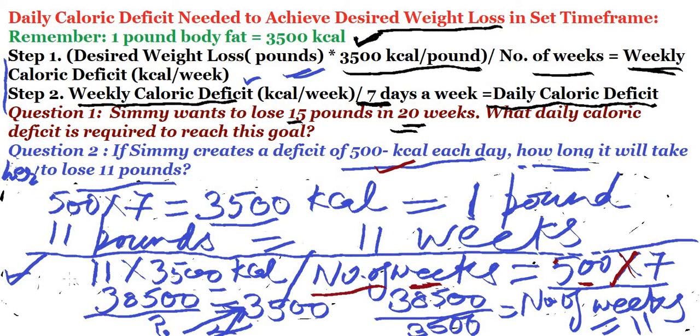So when I calculate this, 38,500 divided by number of weeks, I put the question mark because we are not aware of this figure, and on this side it comes to 3,500. So the question mark goes this side and this figure comes this side: 38,500 divided by 3,500, number of weeks. The answer is 11 weeks.